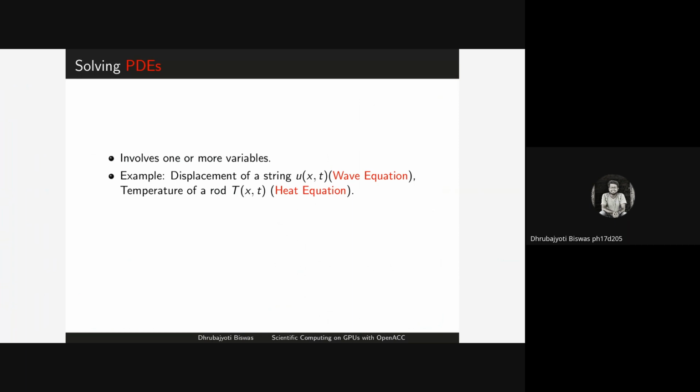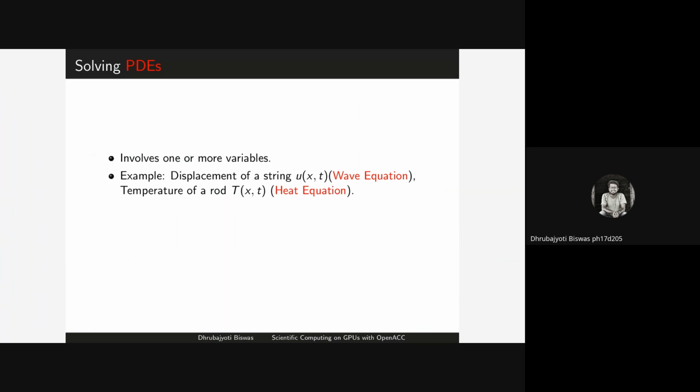If you are solving for the temperature of a rod, let's say you have a metal rod and you are heating it at both ends, or you are keeping both ends at some temperature, and you want to find, given an initial condition, how does the heat flow, how does the temperature change in the rod. So that type of situation you will have to solve a heat equation.